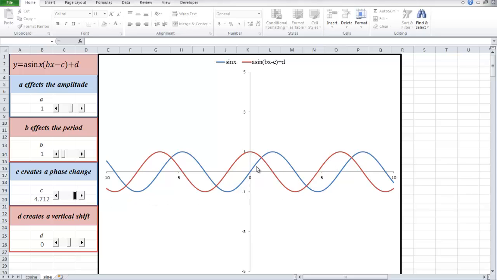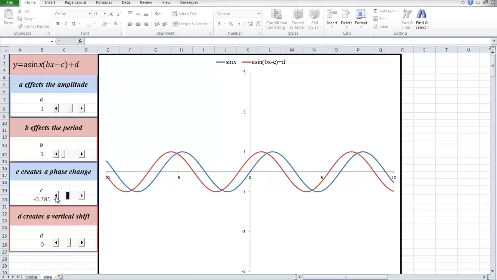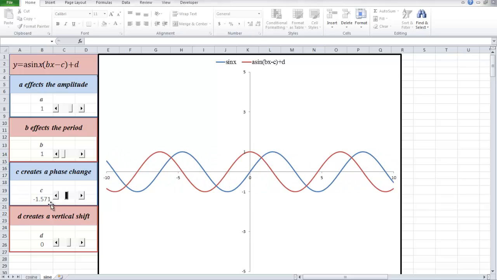So I can make a sine function look like a cosine function by using a phase change. And if I shifted my sine function, my blue function, back pi over 2, then it looks exactly like a cosine function.